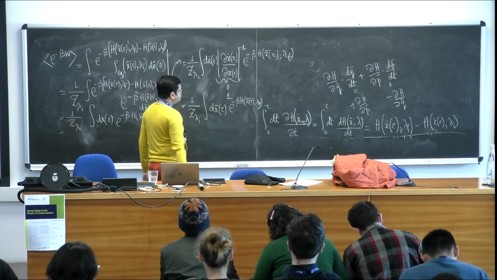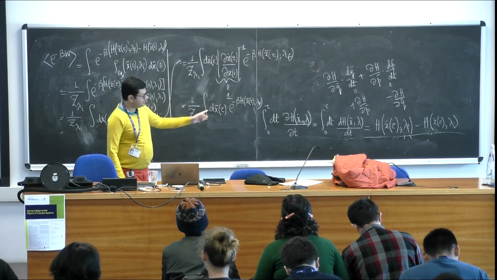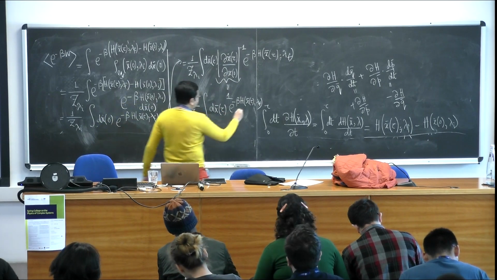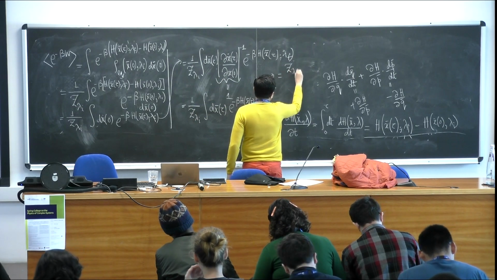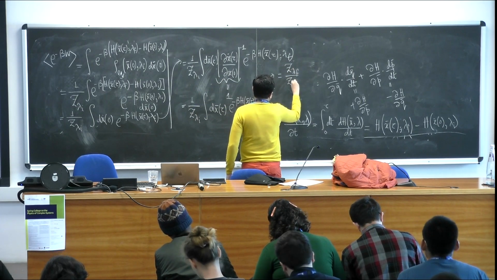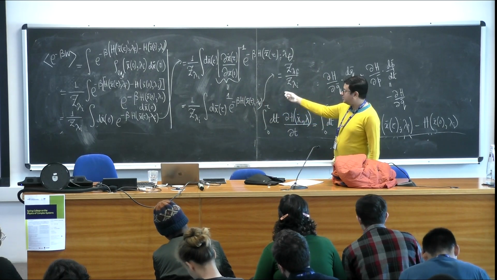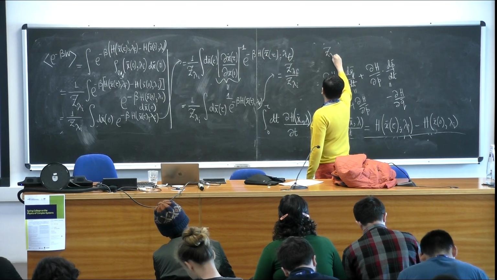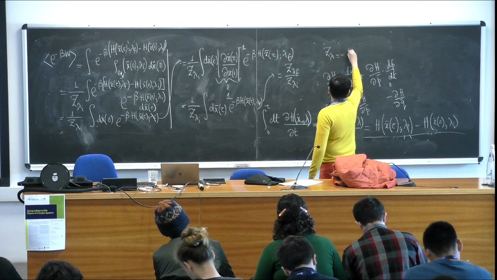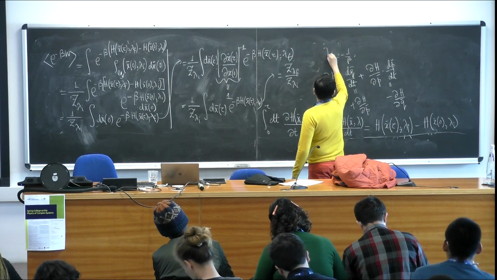But what is this guy? What is this integral? Partition function. So I get this to be equal to z of lambda f divided by z of lambda I. The ratio of two partition functions. But what is the ratio of two partition functions?